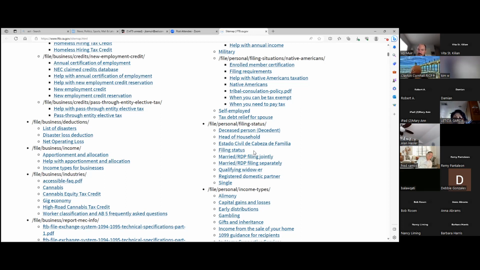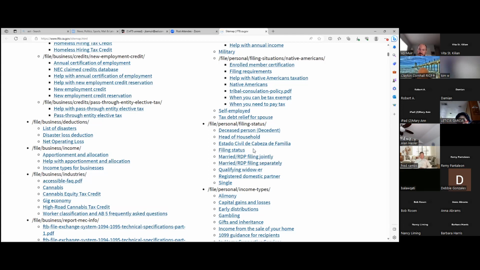Filing status, we're going to talk about that shortly. And when you hear that acronym RDP, that's a registered domestic partner. That means you might have someone who's registered with the state of California, and they have that same status as married filing joint. That could be a male and a female, it could be two males, it could be two females.